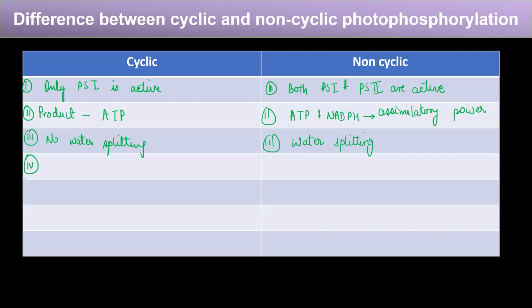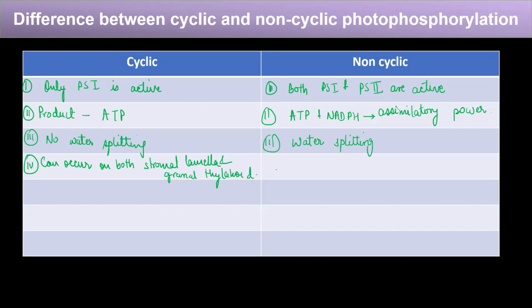Now, in the case of cyclic photophosphorylation, where can it happen? It can happen on both the stromal lamellae and the thylakoid membrane. Why? Because PS1 is active, and PS1 is present on both the stromal lamellae as well as the thylakoid membrane. So cyclic phosphorylation can occur on both the stromal lamellae and the granal thylakoid.